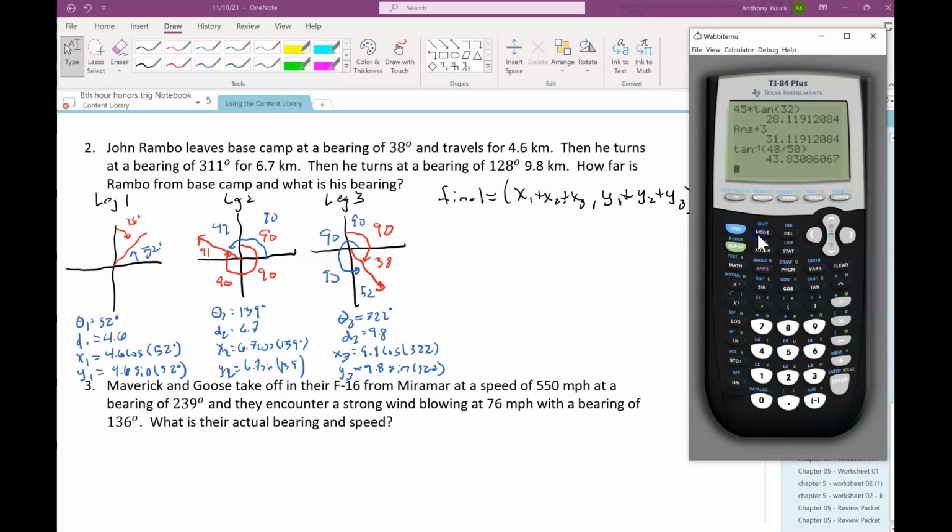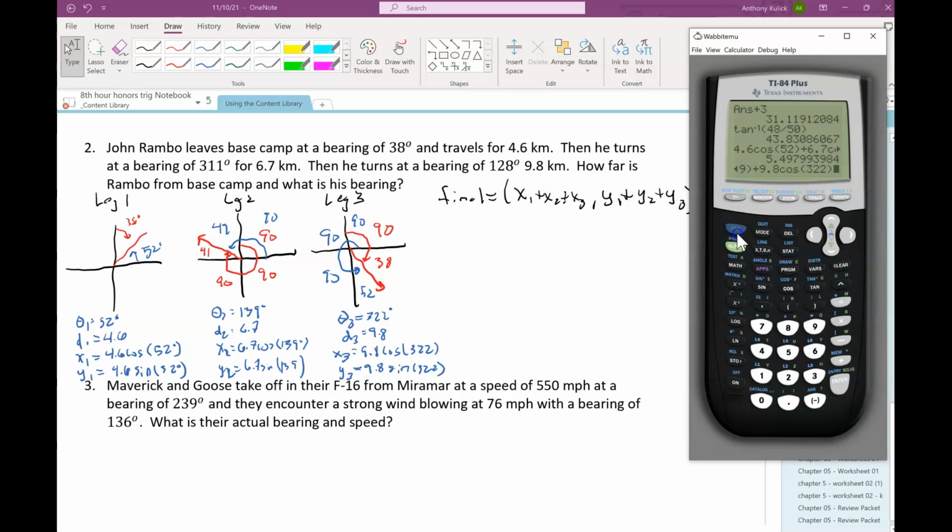That's good. So the x is 4.6 cosine 52 plus 6.7 cosine 139 plus 9.8 cosine 322. So that's 5.50.